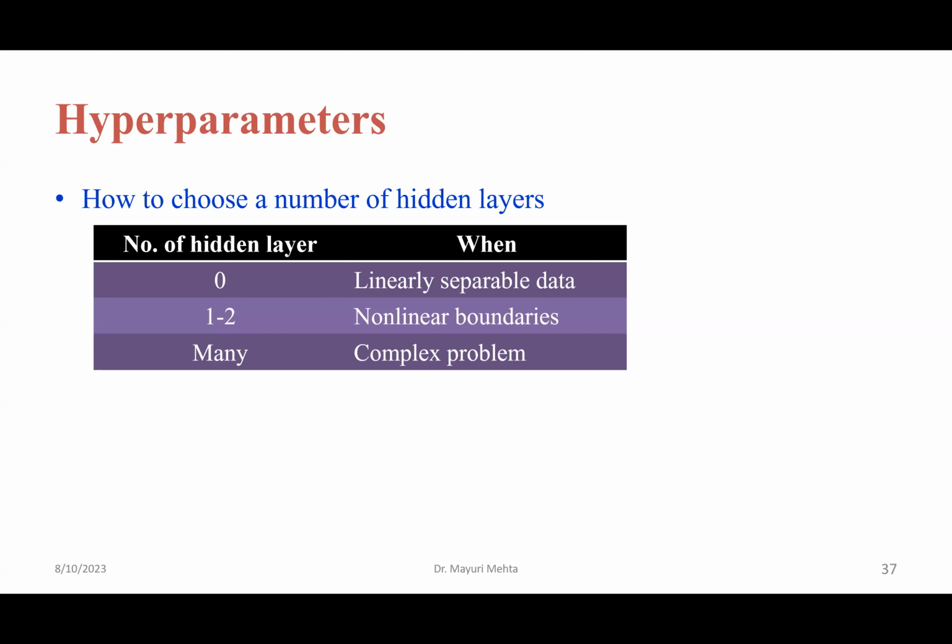So in many practical settings, one or two hidden layers are considered to do the job. And lastly, the third option: if you are trying to solve a complex problem, such as object classification or object detection, then you need multiple hidden layers that apply different modifications to their inputs.